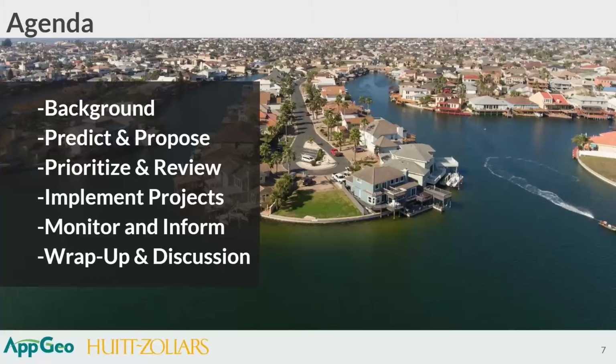We're going to walk through each of those four sub-processes, and within each of those, we will discuss and explore some challenges particular to each item, and then also talk about some potential solutions, and then walk through some examples of where we've addressed similar issues in other locations where there might be some application to this regional flood planning process. And then at the end, we'll wrap it up and then have discussion time.